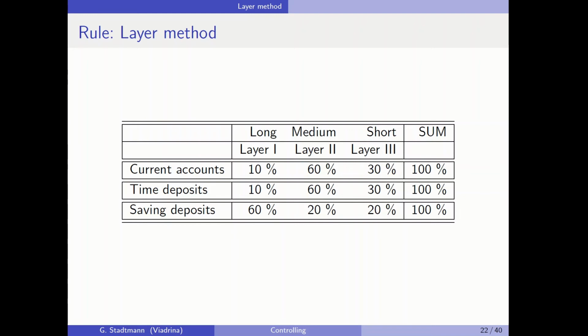Therefore, there is a higher volatility on these current accounts, but this does not imply that this amount of money is gone, because when a private household is, for example, paying the rent, then the money will end up on a different current account. So it's not leaving the whole banking sector.